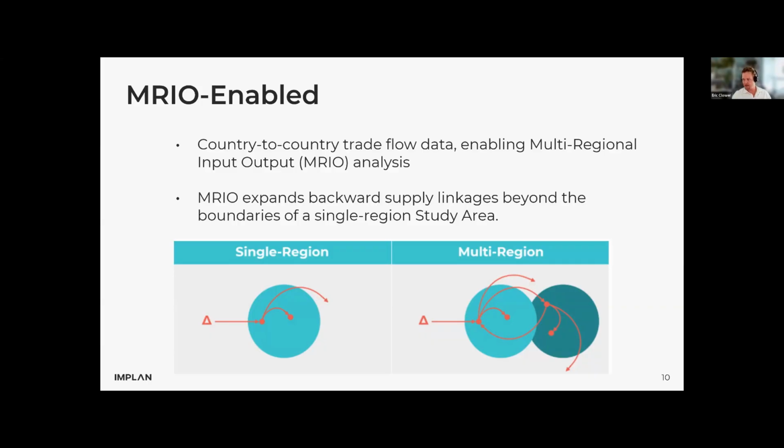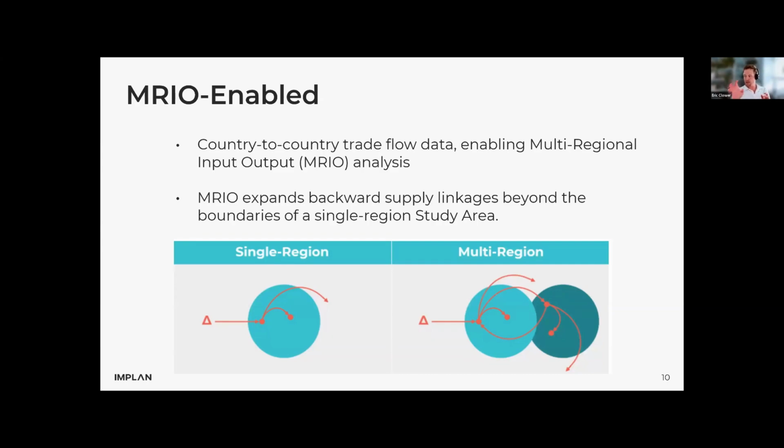This same apples-to-apples foundation, which lets you compare countries side by side, also lets us look at what happens when these countries are economically linked to one another using MRIO analysis. If you've used IMPLAN before, this is maybe a term that you're familiar with, but for those of you that aren't, MRIO analysis is a tool that lets you link countries together so you can look at what happens if we have economic activity in one region.